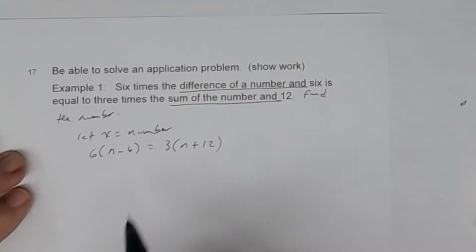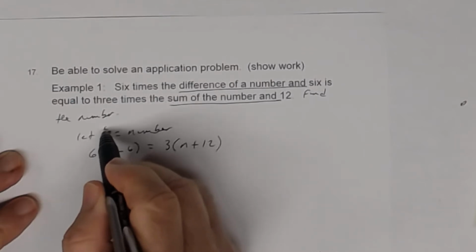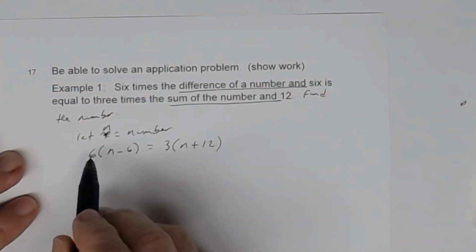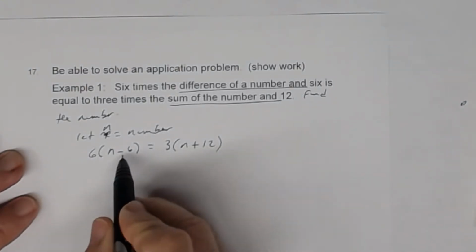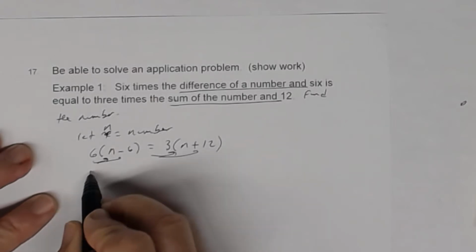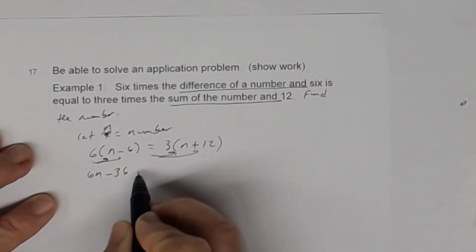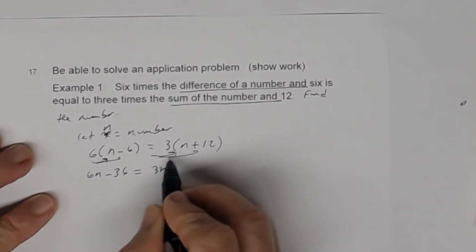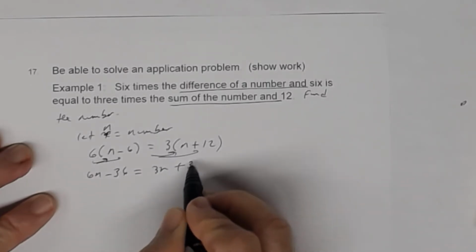So let n equal the number. I'm using a variable n instead of x. Now we're going to solve this linear equation. We distribute, and I get 6n minus 36 equals 3n plus 36.